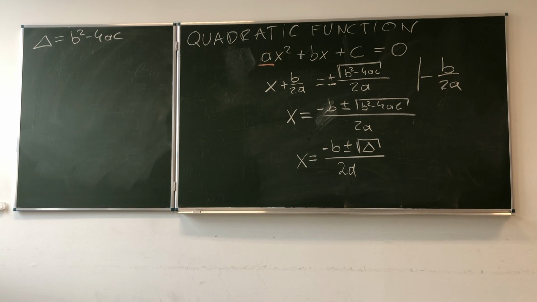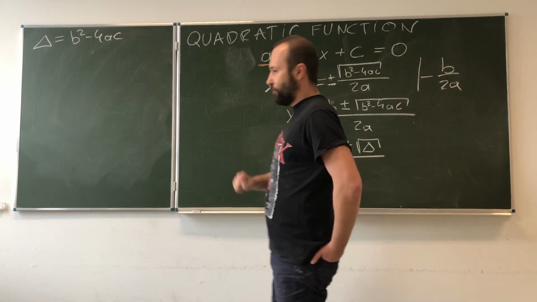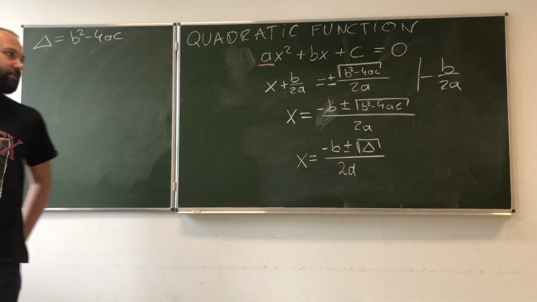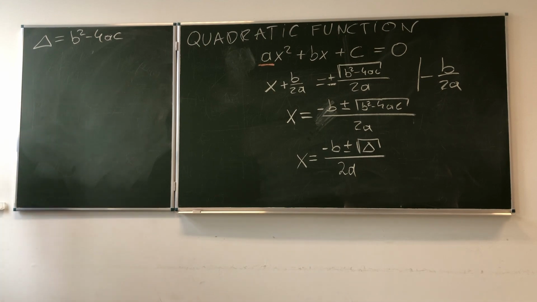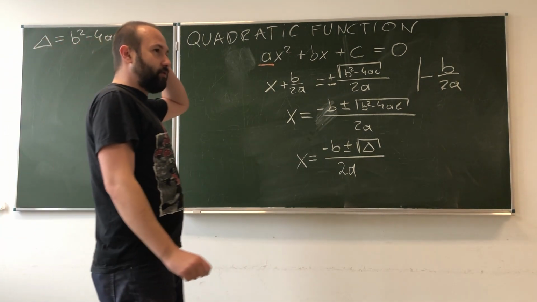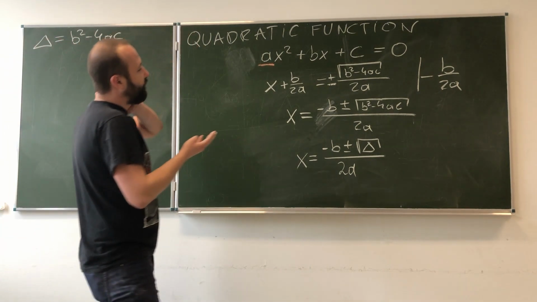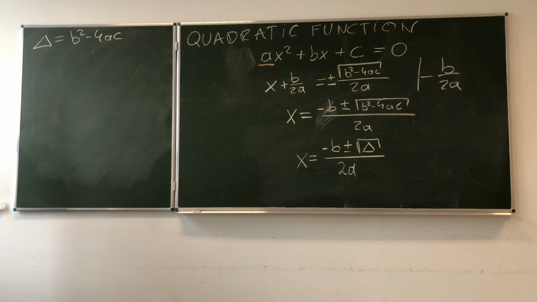Okay, and look, if we know that this formula will allow us to find zero places or roots of the quadratic function, then we can use it, of course, to find those places, but with certain restrictions.